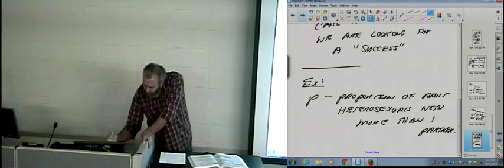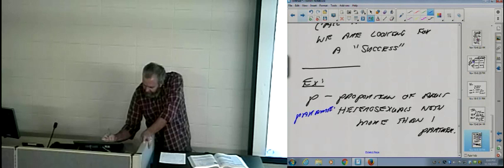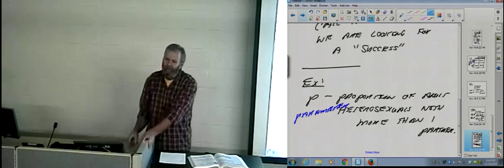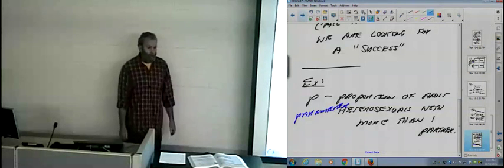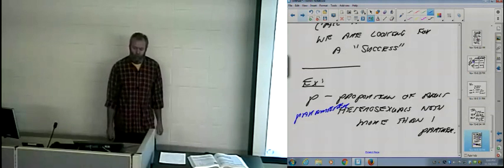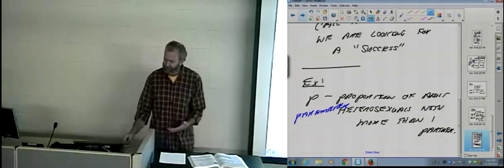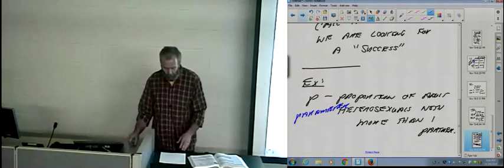This is your parameter. This is the unknown quantity we would like to estimate. Your parameter now is a P, a proportion of the population. In this case, a proportion of adult heterosexuals with more than one partner.